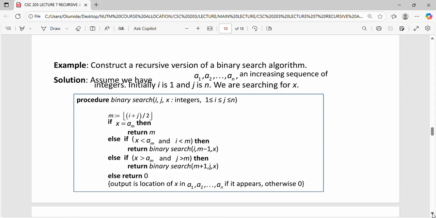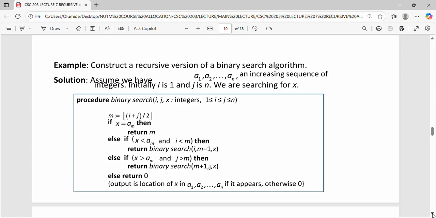We assume that we have a1, a2 up to an, in that order, an increasing sequence of integers. Initially, i is equal to 1, and j is n. We are searching for x. x belongs to that sequence.